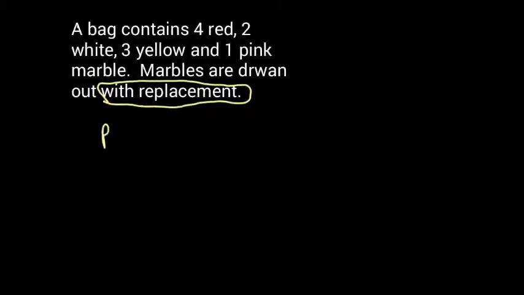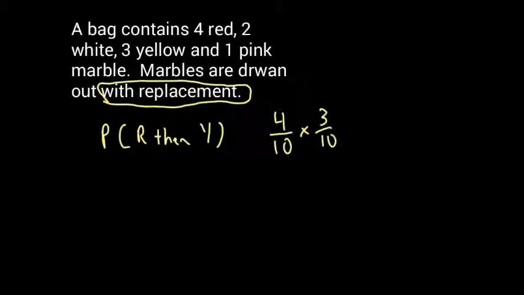So I want the probability of a red, then yellow. Alright, so the probability of red would be 4/10 times, anytime you see then, it's going to be times, and then yellow is going to be 3/10. Now, my suggestion is you reduce your fractions before you multiply.